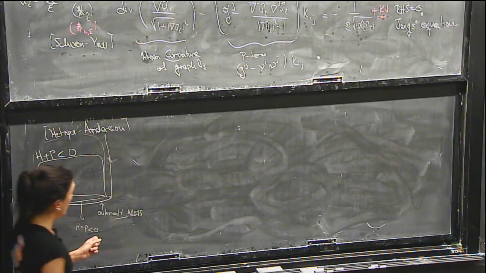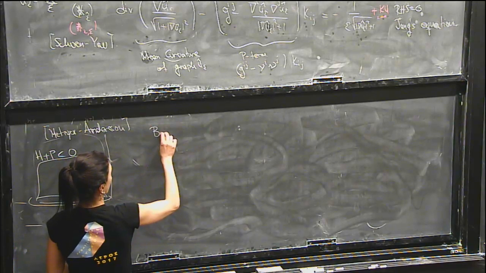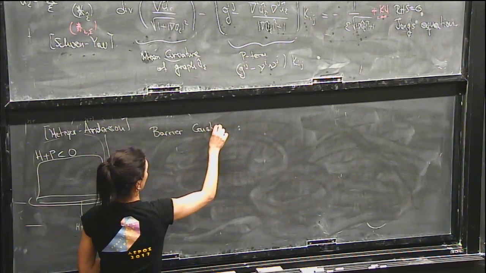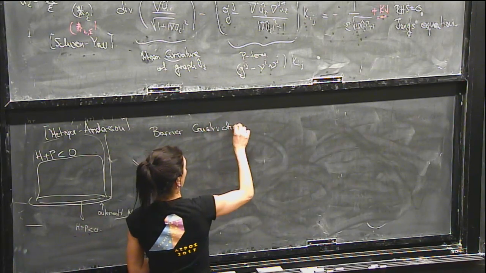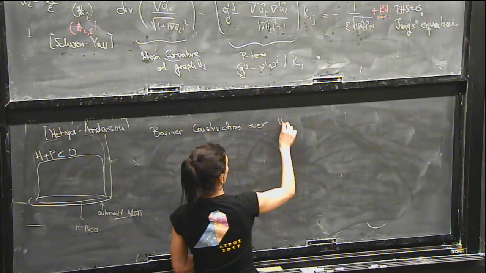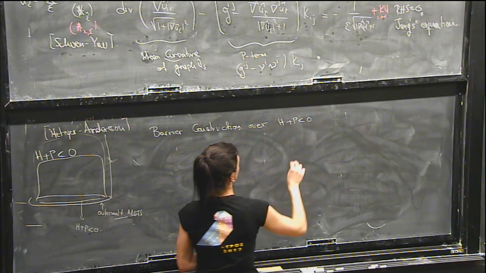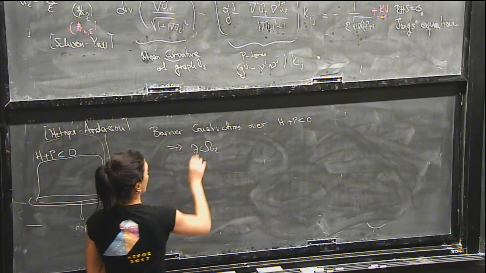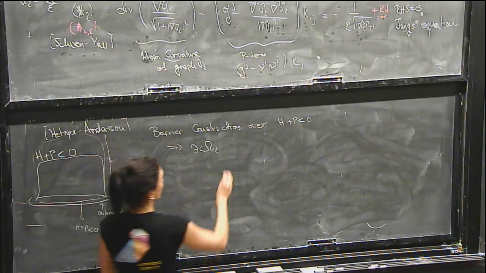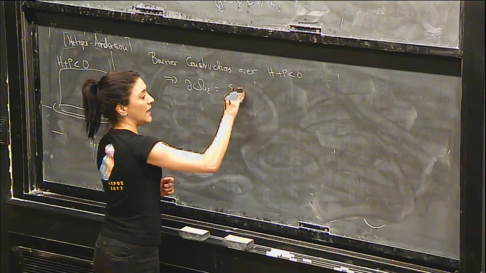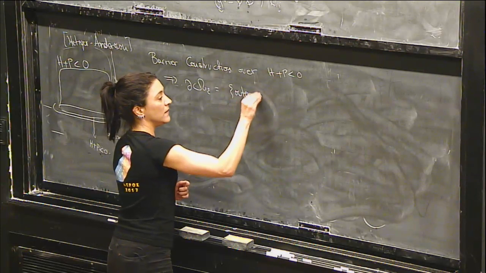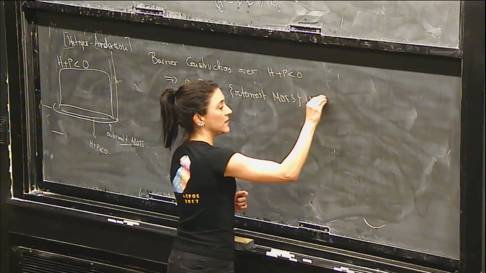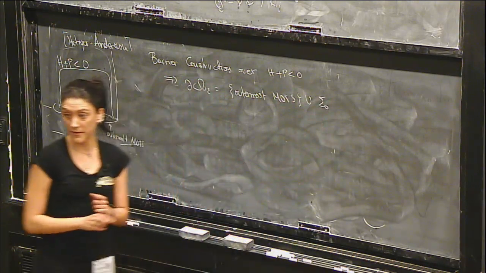So this barrier construction over the surface H that satisfies H plus P negative gives you that the boundary of omega epsilon is equal to the outermost MOTS union sigma 0, the original surface.